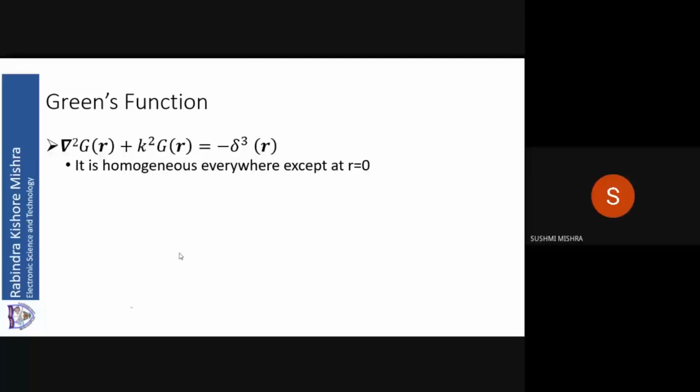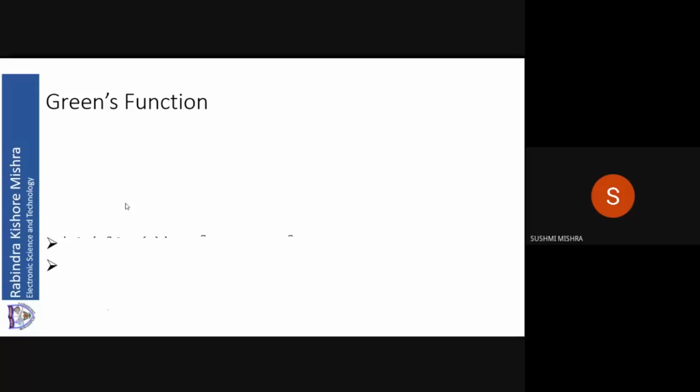So first I will see its solution everywhere, then I will find out what happens if I put in the impulse. So for that, del square G plus k square G is equal to 0 as a homogeneous equation. Now let us try to solve this equation for the Green's function.